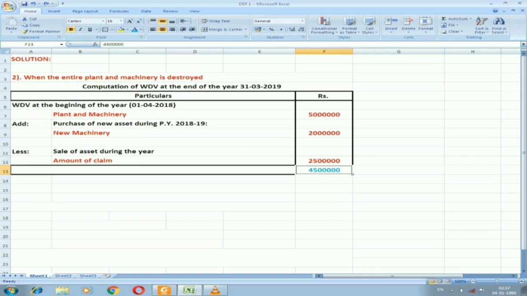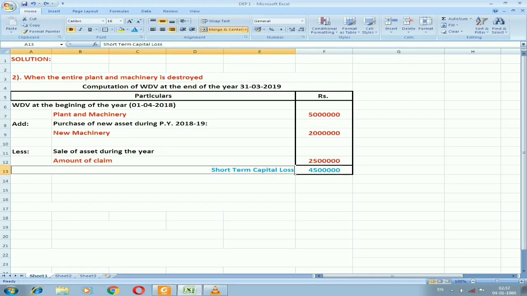In between the year a fire accident happens and we lost the entire plant and machinery, and the insurance company is giving a claim amount of 25 lakhs. So with an asset worth 70 lakhs and a claim amount of 25 lakhs, definitely we will get a loss of 45 lakhs. That I'm showing in the illustration. For that we can write short-term capital loss.